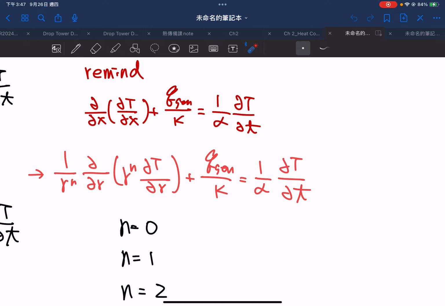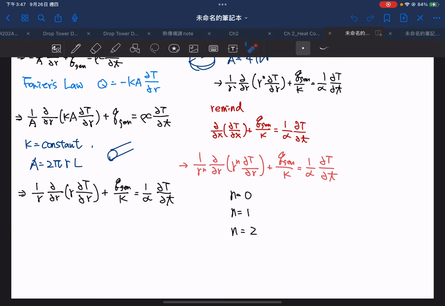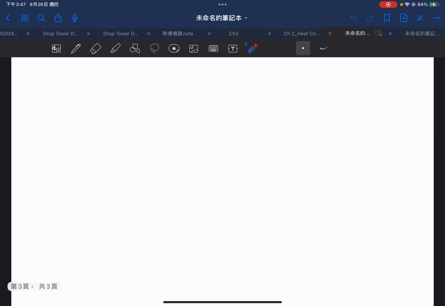So we will need a boundary condition and an initial condition to help us solve the problem. It's quite similar to the fully developed flow in the tube. The Navier-Stokes equation is also a PDE, but with certain boundary conditions and initial conditions, you are able to get rid of certain terms. Then you can find the constants you want, and then find a solution.